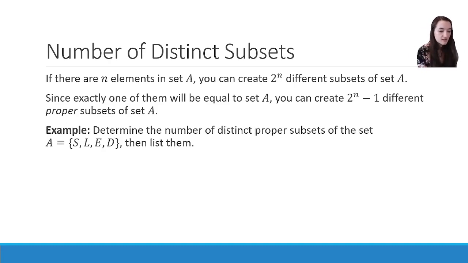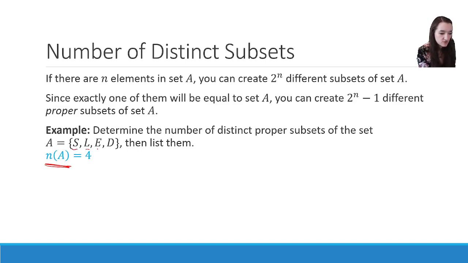So let's look at the elements in the word SLED. We're going to create all of the proper subsets, and we know what the final non-proper subset is. It is A itself, right there. So n of A, or the cardinality of A, remember cardinality means how many elements are in it, is 4.